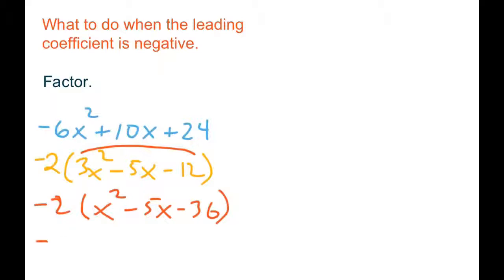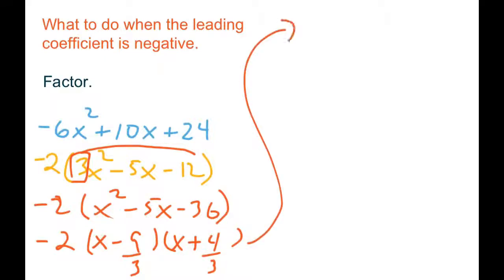Now I can factor this trinomial. Two numbers that I multiply to get negative 36. When I add, I get negative 5. And that's going to be minus 9 and plus 4. Now I'm going to take that number that I moved and I put that in my denominator.